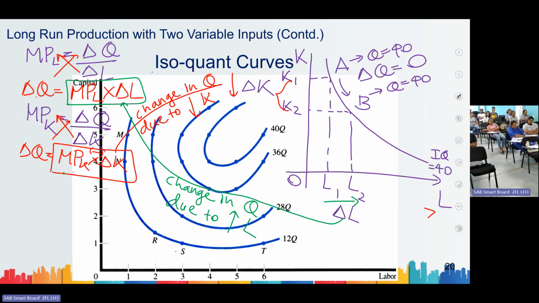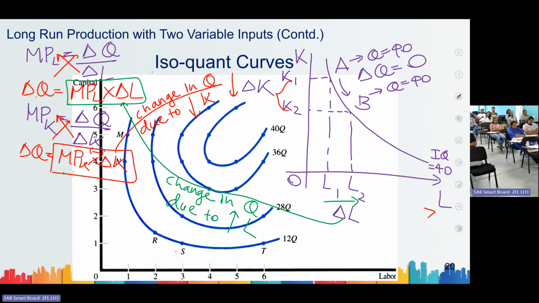On the other hand, labor input increases. As a result of that, the change in output is this much. On one hand, capital input decreases, and as a result output changes this much. On the other hand, labor input increases and output changes by this much.